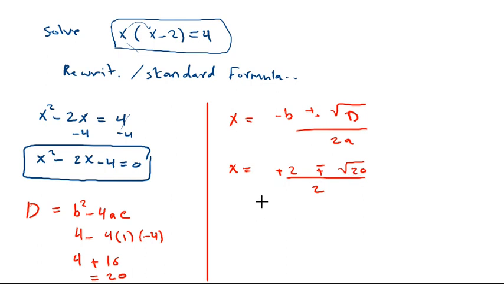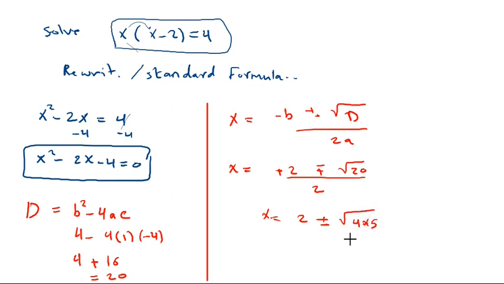We can take out 2 from here, because the square root of 20 is the square root of 4 multiplied by 5.